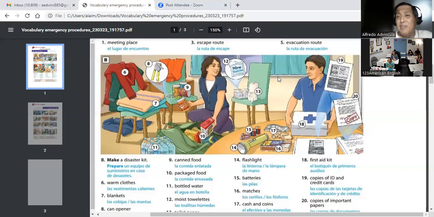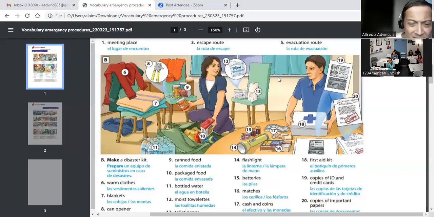Exactly. So if ever you have to leave your house and now you're in some kind of campsite, it's important to have matches to be able to start a fire. So this is also important. Matches, number 16, guys.